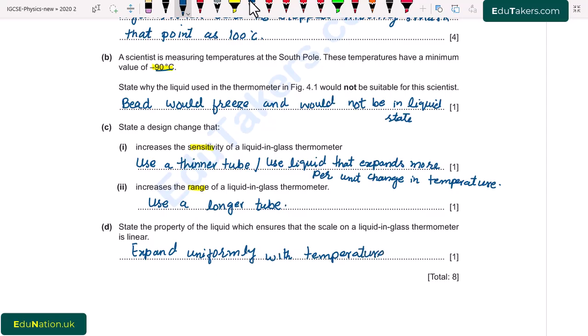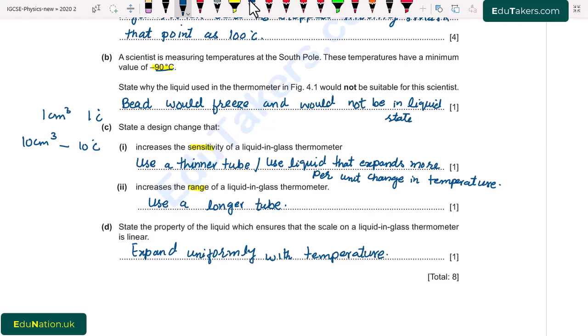Now, what does this mean? It means that if a liquid expands by 1 cubic centimeter for 1 degree C change, then it needs to expand by 10 cubic centimeters when its temperature change is 10 degrees C. You can see here that there is an equal change.